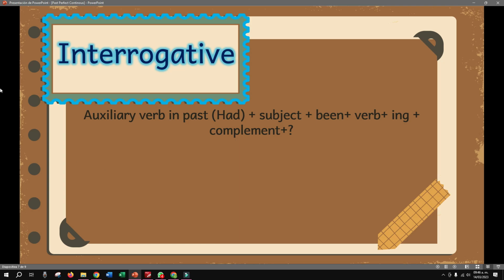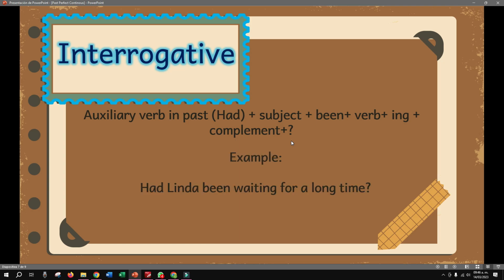So in that case, you have the auxiliary verb in past, had, then the subject, the second auxiliary, the verb with ing, the complement, and the question mark.